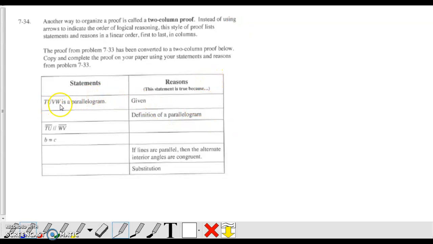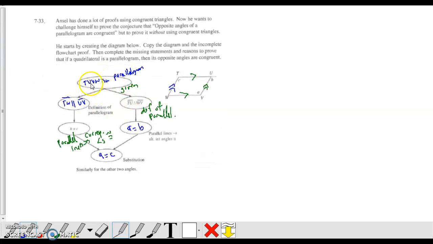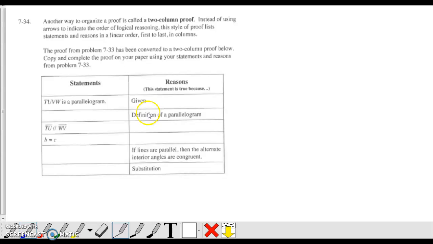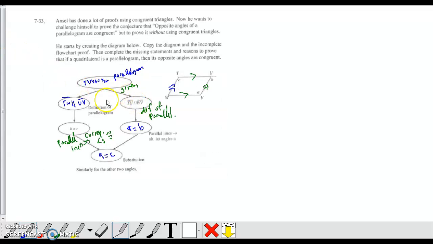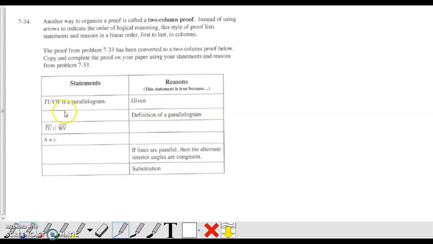Notice it said TUVW is a parallelogram, and it's given. That was the top piece of information. Now comes the next two pieces of information. It says the definition of a parallelogram. Again, I don't want to use TU, so I'm going to use this one, TW and UV.